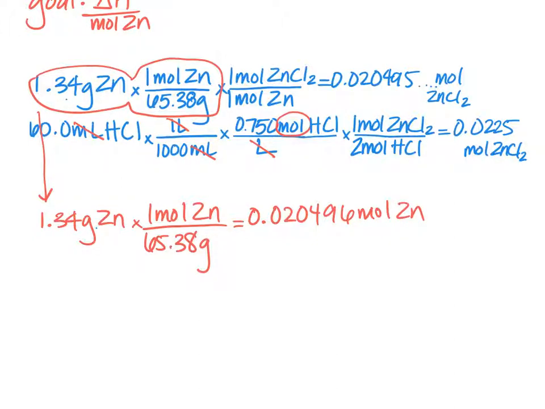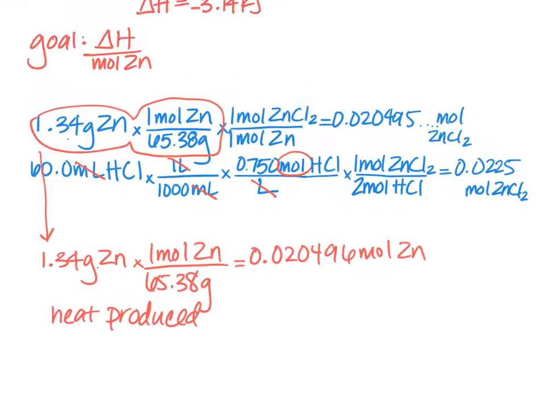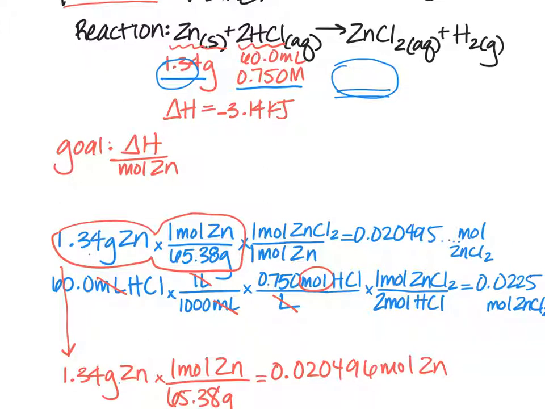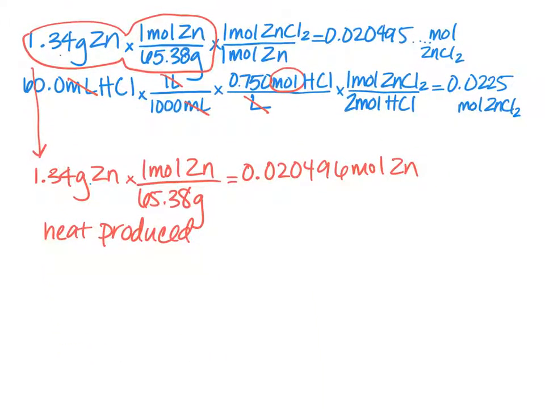So that means the heat produced for this reaction is, we look back up top, negative 3.14 kilojoules over 0.020496 moles of zinc.